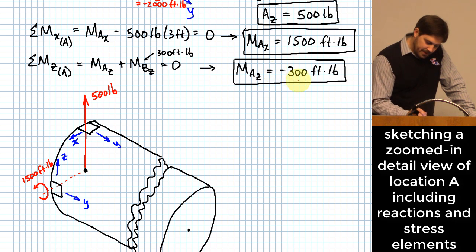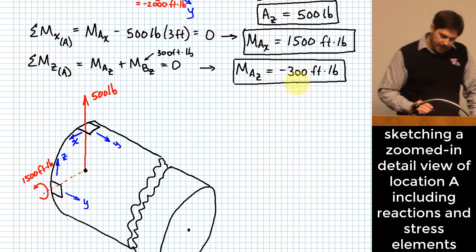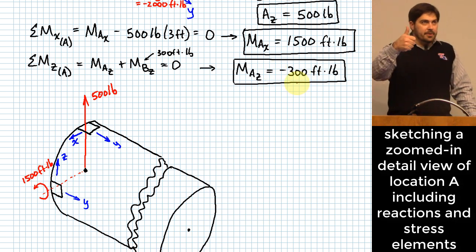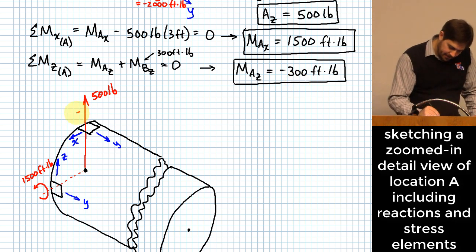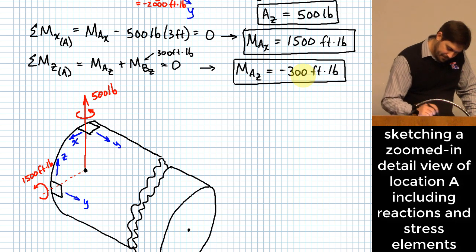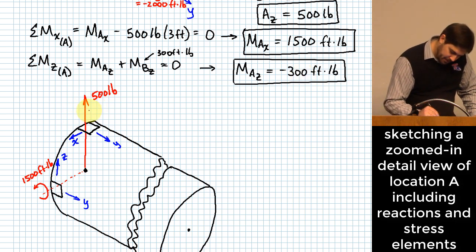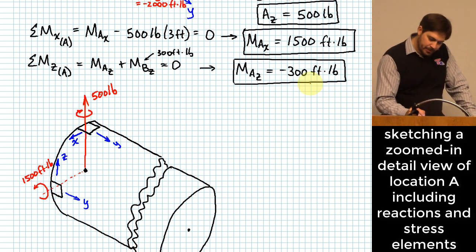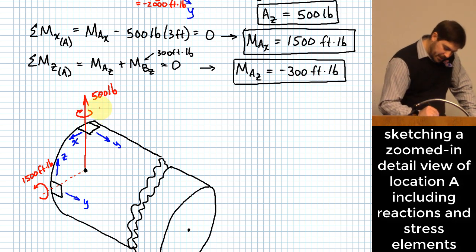MAZ, I have negative 300 foot-pounds. So positive, according to the right-hand rule, would have been kind of around this way. But because we have this negative, I'm not going to show it that way. I'm going to show it the other way, and kind of do that little flipperoo right there and say this is 300 foot-pounds.